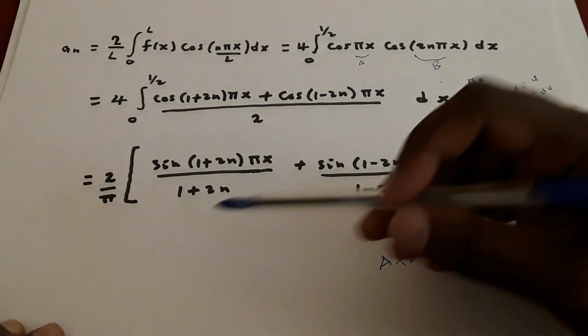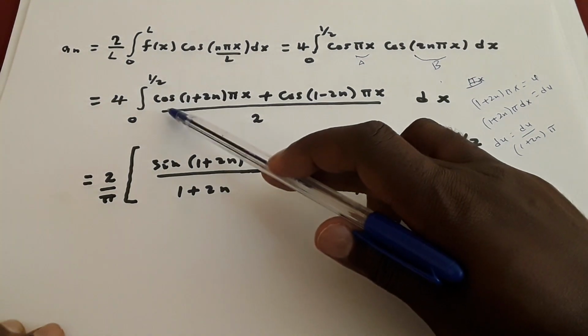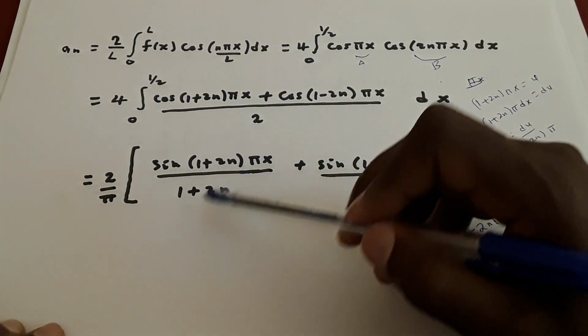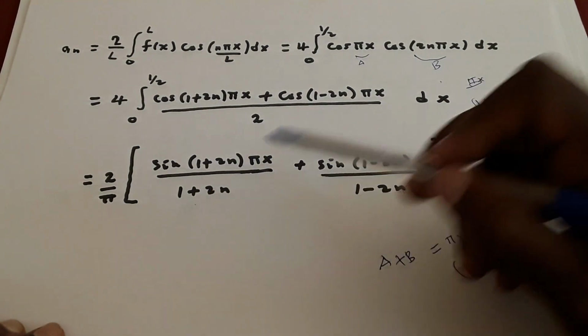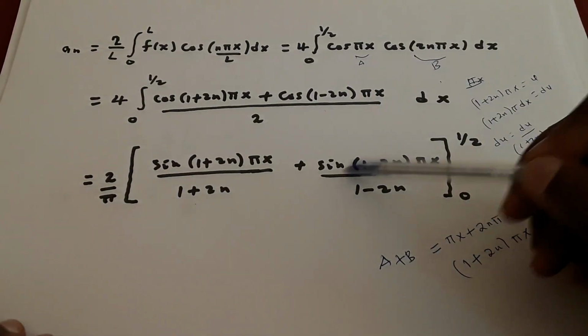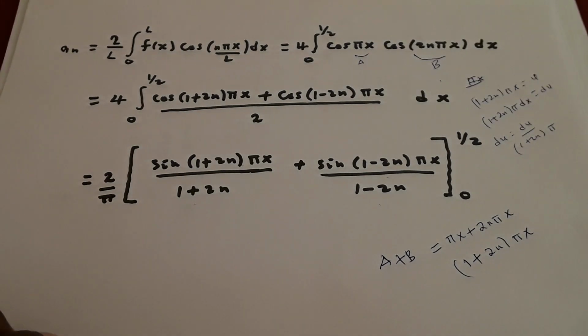That's why we move out pi here. The integration of cosine of u gives sine u, then back substitution, 1 plus 2n. Similarly, you can also work out this one via substitution: sine of 1 minus 2n pi x over 1 minus 2n. That's very simple.